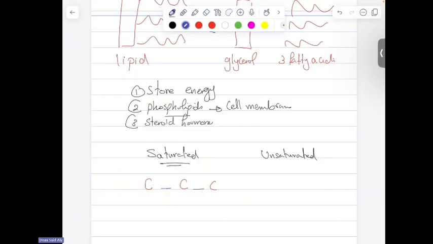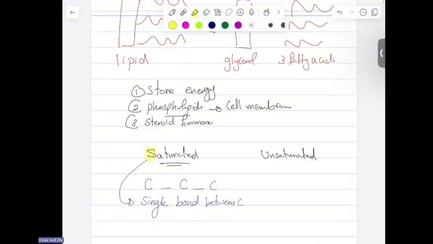To memorize it in the exam, girls, look here, saturated starts with the letter S. So the type of the bond is a single bond between carbon.